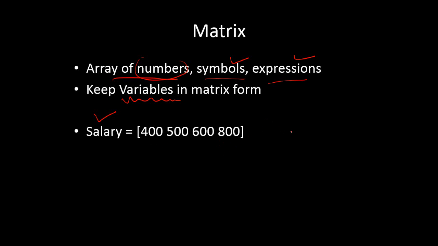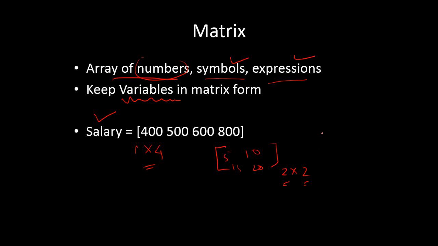And a matrix could be of different dimensions. Like in this case, we have only one row and 4 columns, so it's a 1 by 4 matrix, right? So we can have a 2 by 2 matrix, something like this, 5, 10, 15, 20. So this is a 2x2 matrix, 2 rows and 2 columns. This is a square matrix because the rows and columns are the same.